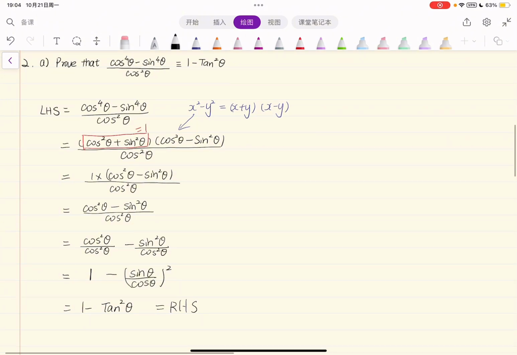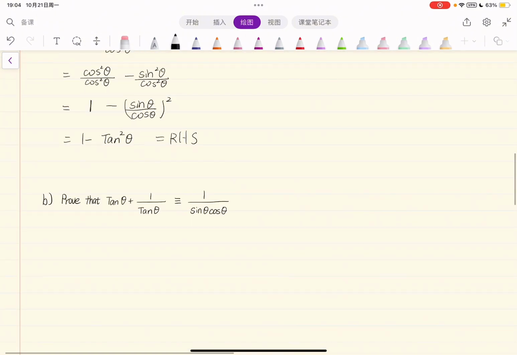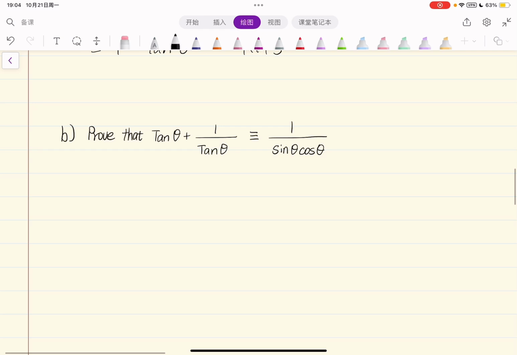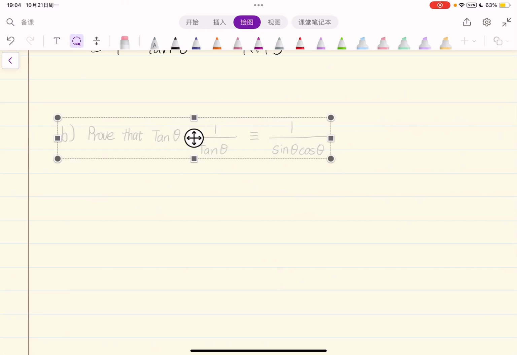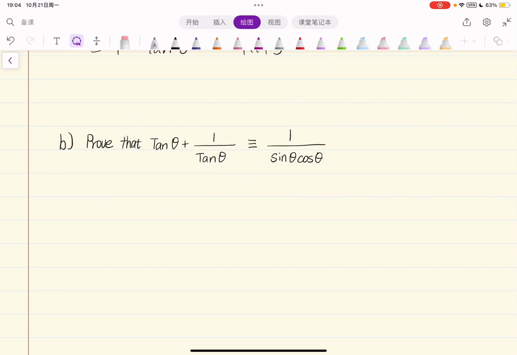Now let's move on to see another example. To prove that tangent theta plus 1 over tangent theta equals 1 over sine theta cosine theta. So start from the left-hand side. That equals tangent theta plus 1 over tangent theta.